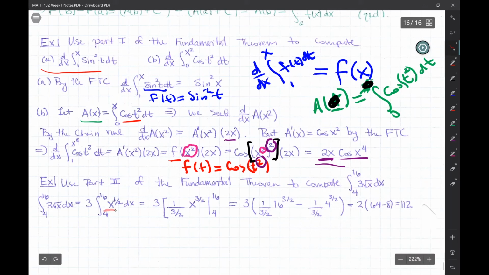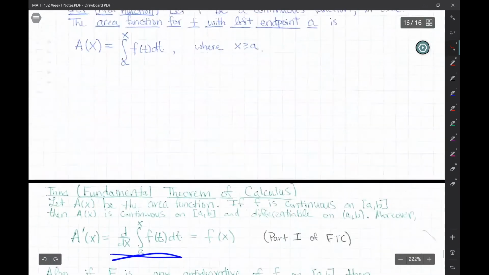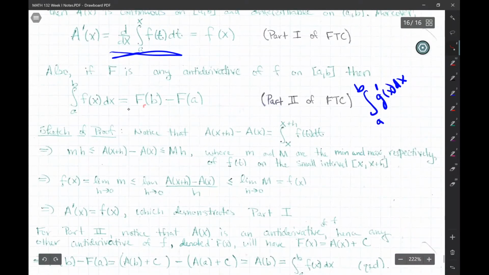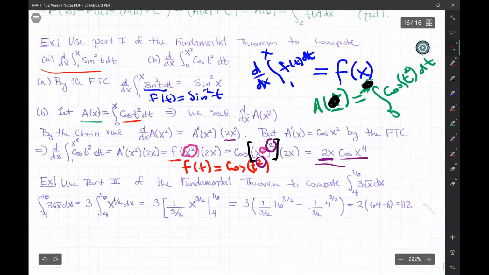And now we need to find an antiderivative of x to the 1/2. What is the antiderivative of x to the 1/2? Well, one of them is x to the 3/2 over 3/2. And what this symbol is telling you is that we're going to evaluate this expression at 16 and subtract this expression at 4.